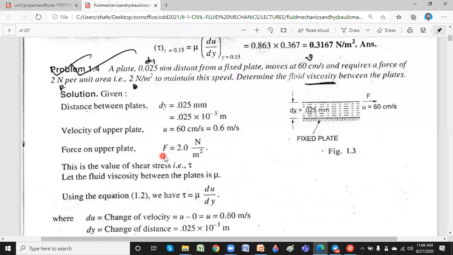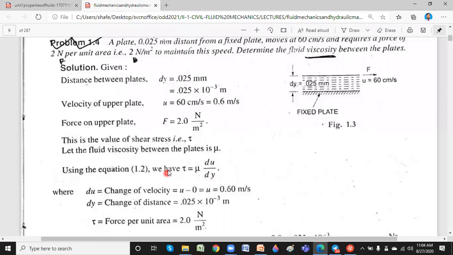Velocity, distance, everything is given except mu. Now I'll take Newton's law of viscosity: tau equal to mu into du by dy, right? The change in velocity is 0.6 meters per second, which you have already found, and the distance is 0.025 into 10 power minus 3 meters.